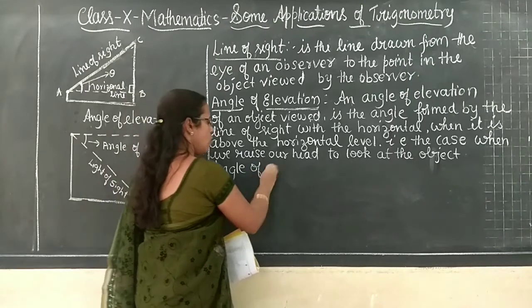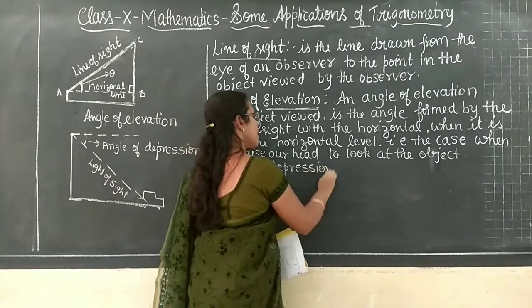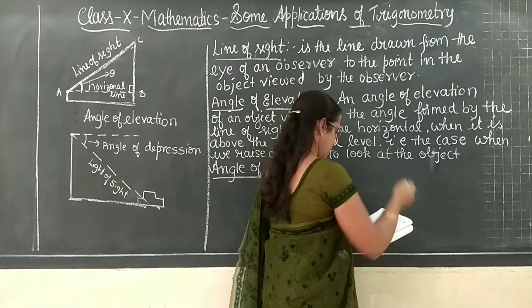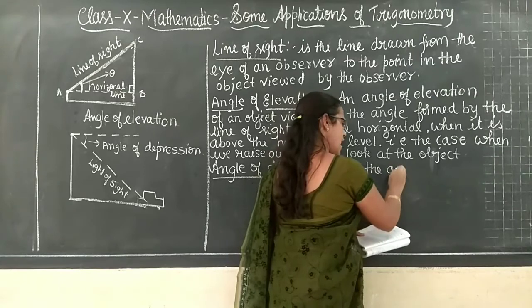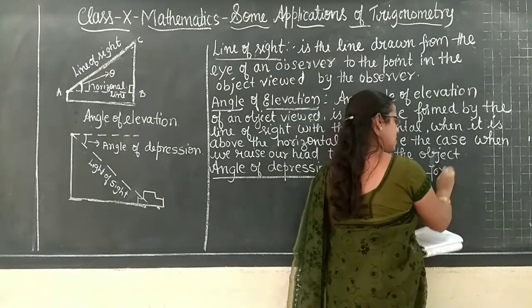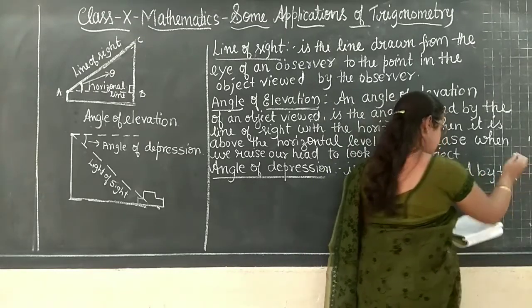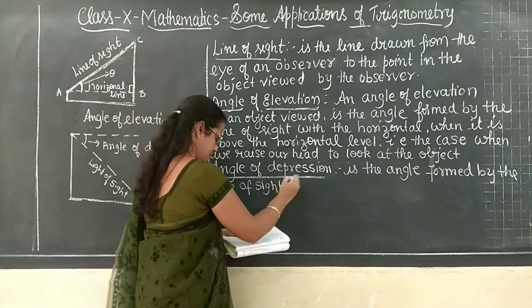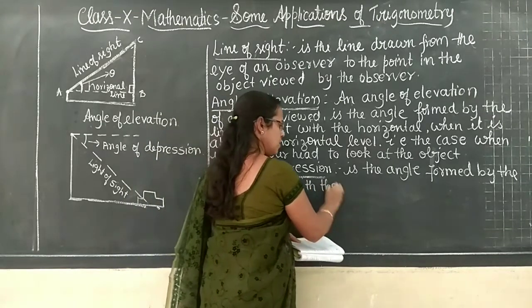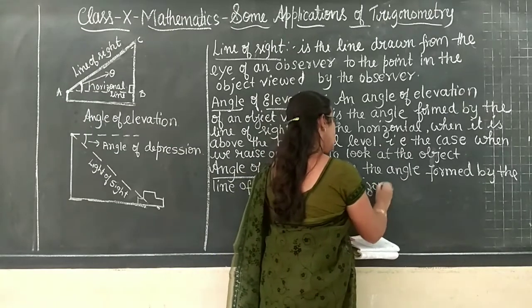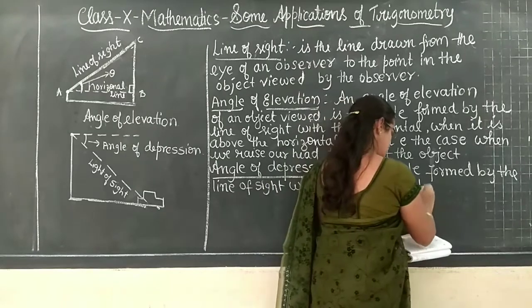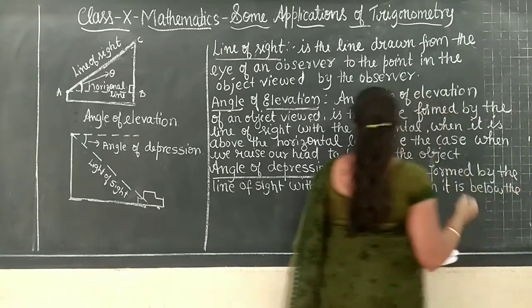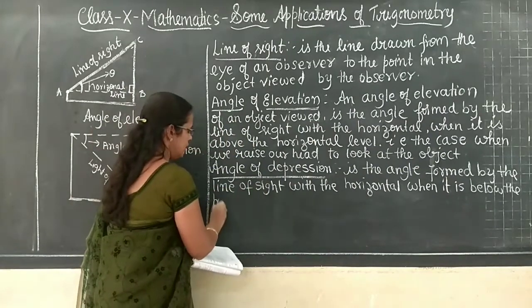The angle of depression is the angle formed by the line of sight with the horizontal when it is below the horizontal level.